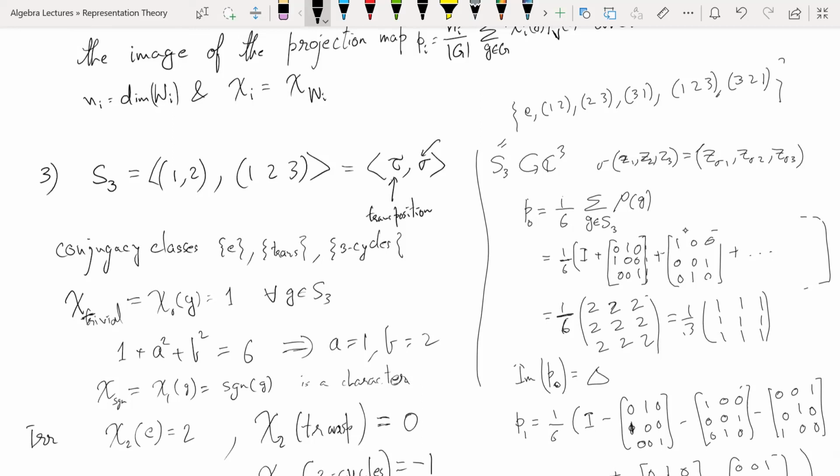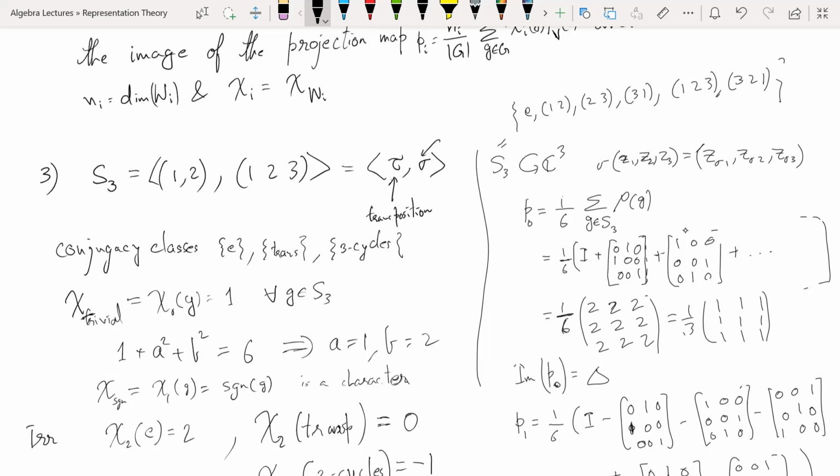This 1/3 factor is to make sure that it is a projection. So what is the image of P0? It's precisely the column space of this, which is the same as saying E1 must be the same as E2 must be the same as E3.